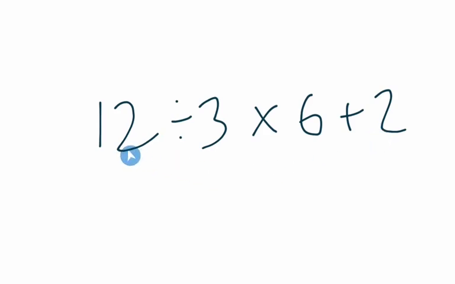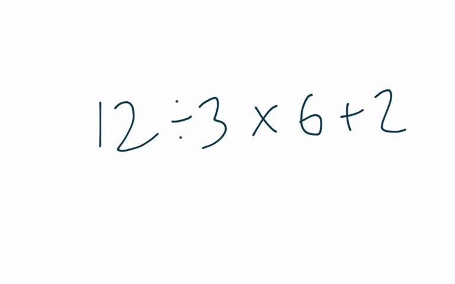Okay, so again, a total of 12 that I'm splitting into groups of 3, that is going to be 6 times bigger, and then 2 more come in at the end. Now again, order of operations means I do parentheses, of which there are none. Then I have to do multiplication and division in the order that they come from left to right. So division first, multiplication last, and then addition.